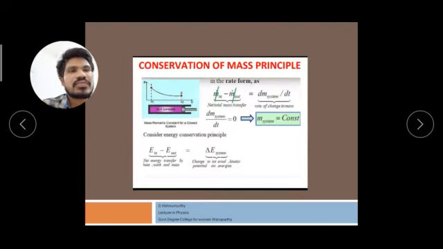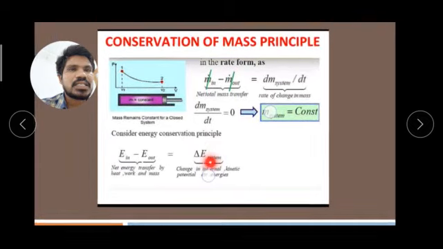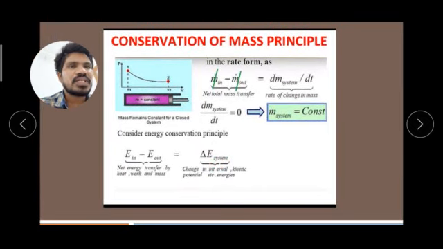And from this we have the conservation of mass principle. Here you see from the figure, in rate form, m input minus m output, the net total mass transfer, is equal to dm system by dt, the net rate of change in mass.